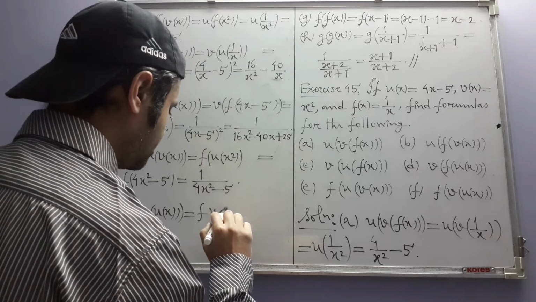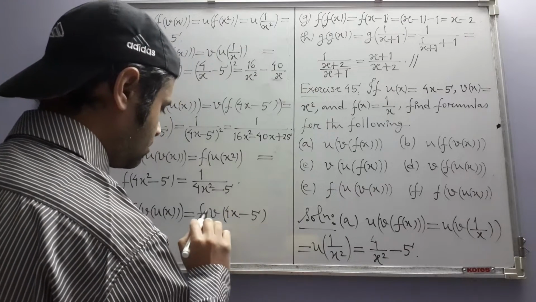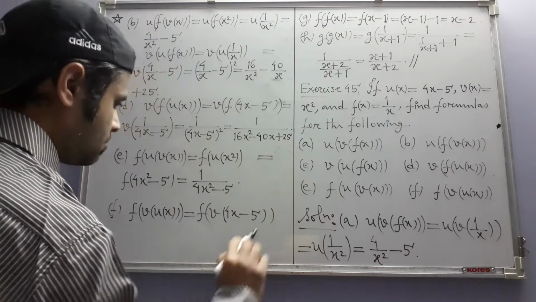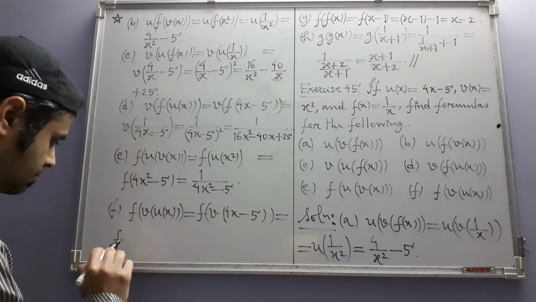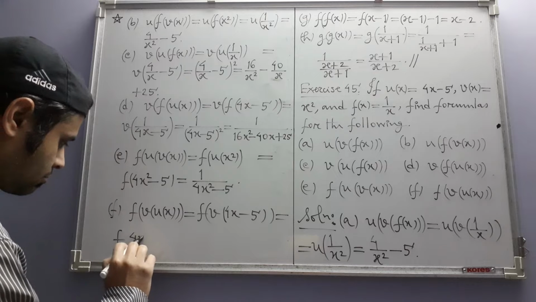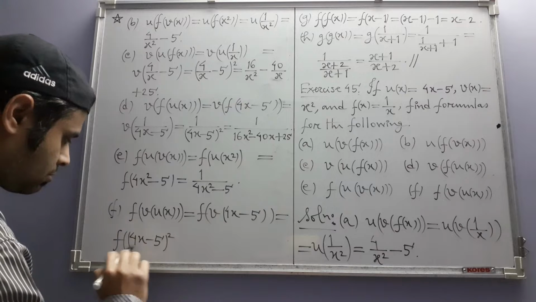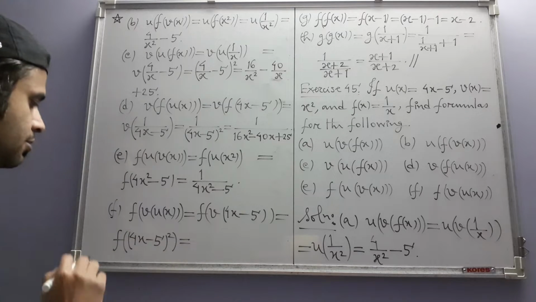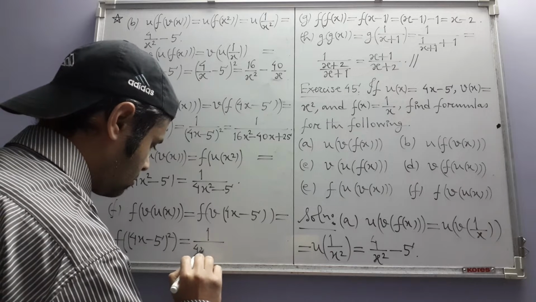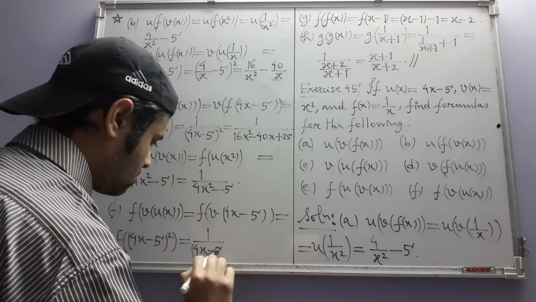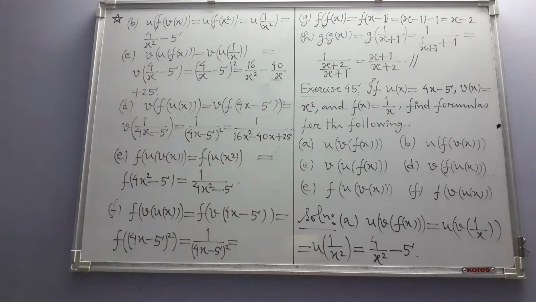U is 4x minus 5. V is taking its square. And f is taking its reciprocal, which is again this one.